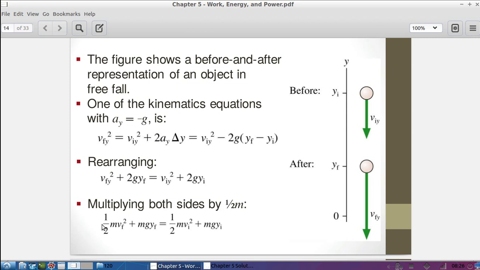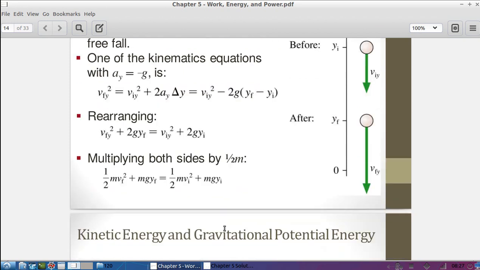So I multiply both sides by m, but I'm also dividing both sides by 2, because I want my terms to match my energy terms. It's much easier to define gravitational potential energy like this, and there are other reasons beyond the scope of this course, but basically I'm just multiplying everything by a constant to make them look like our terms.